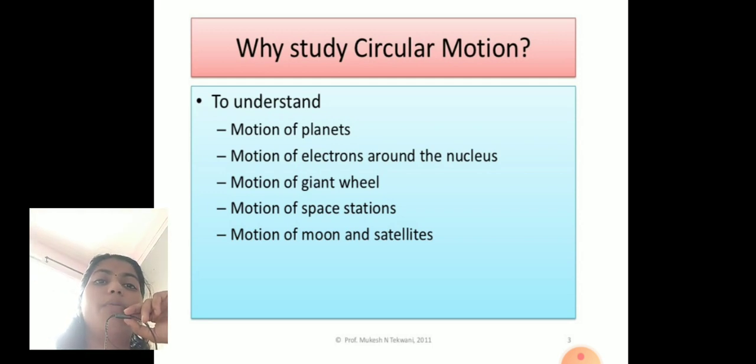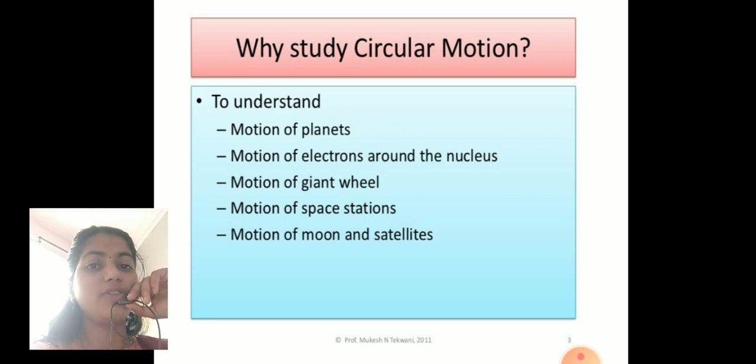To understand the motion of planets. Why do we have to study circular motion? Circular motion is also accelerated motion.